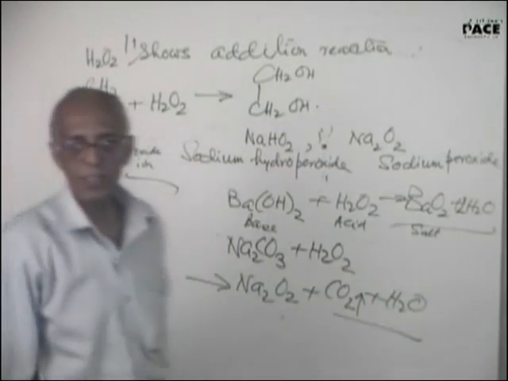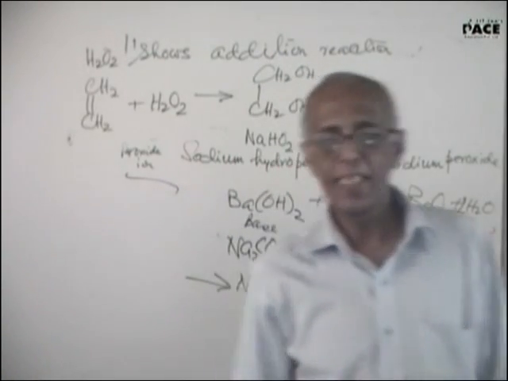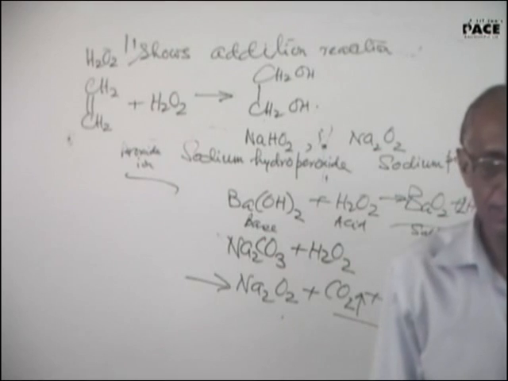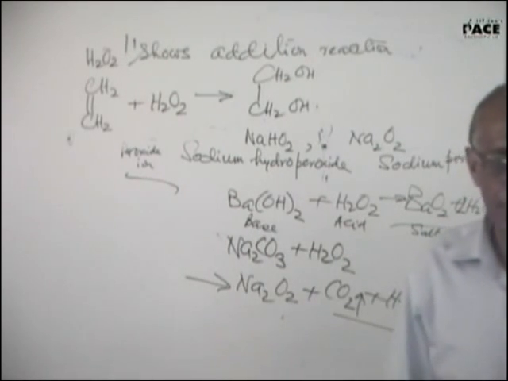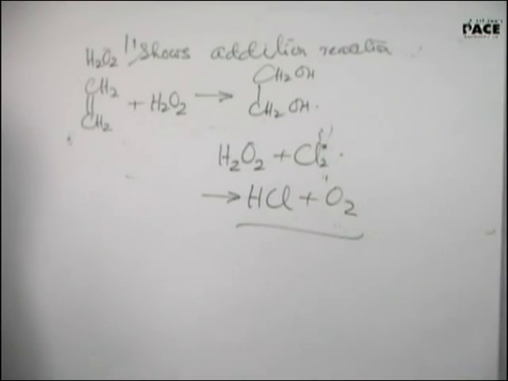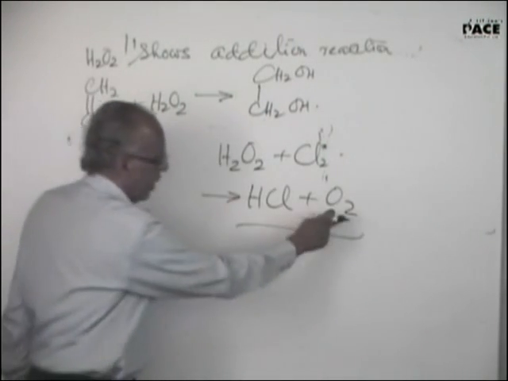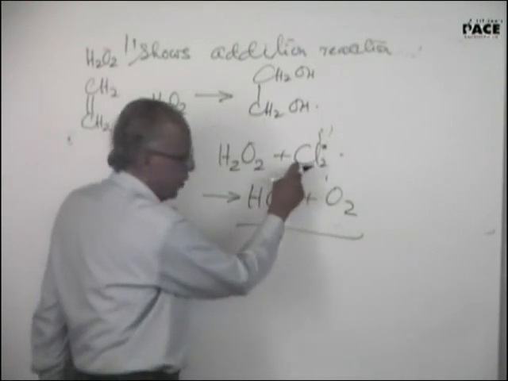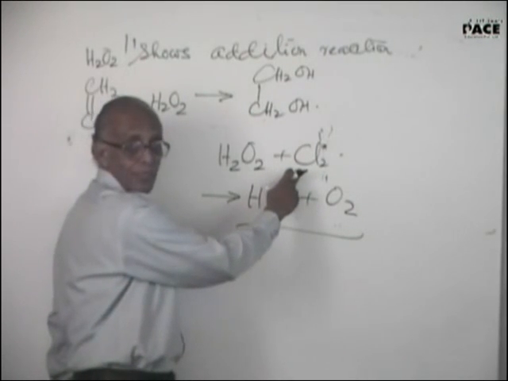Hydrogen peroxide reacts with ethylene to form ethylene glycol. Yesterday I told you about ethylene glycol. Here, chlorine oxidizes hydrogen peroxide to oxygen and gets reduced to chloride ion.